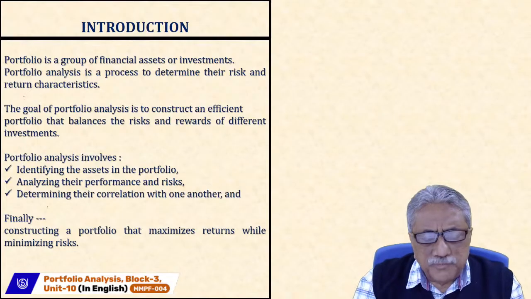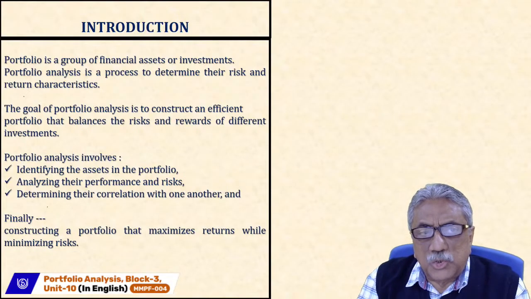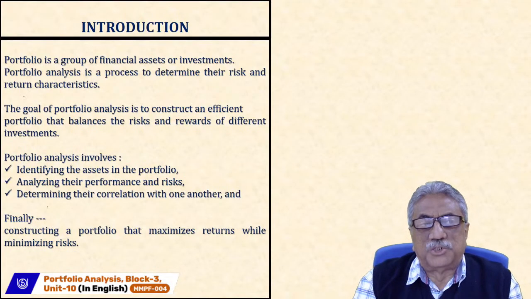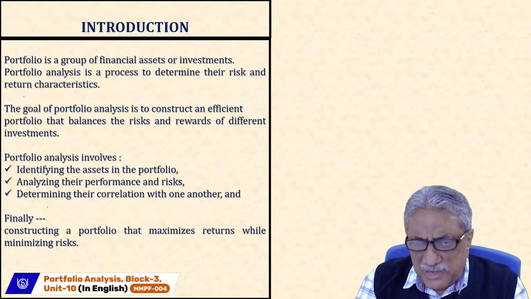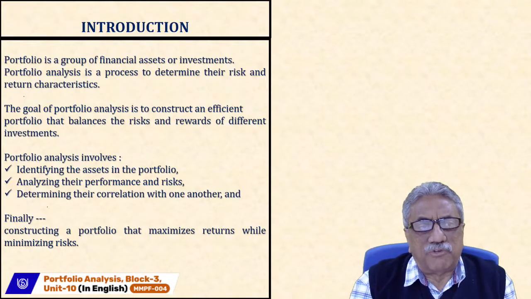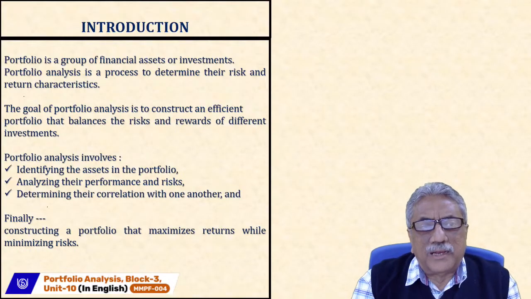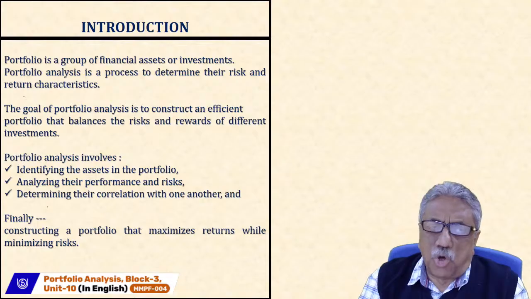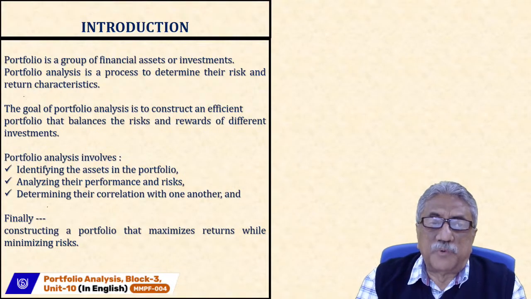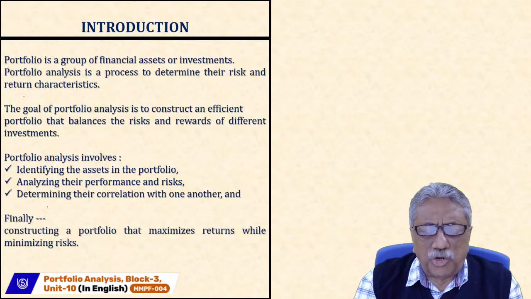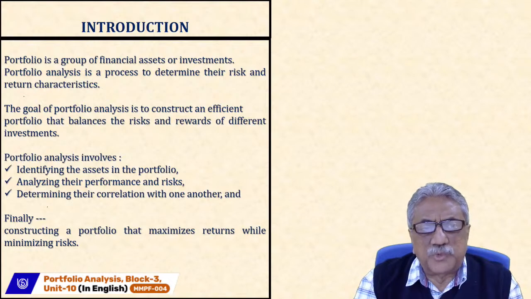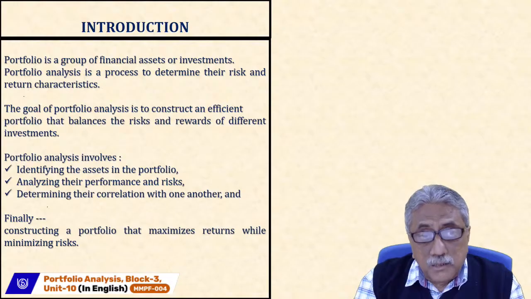Now let me introduce. Portfolio is a group of financial assets or investments. Suppose I have a portfolio. Beside my residential house, I can have a flat or real estate. I can have gold, I can have stocks, I can have investment in silver, I can have commodities, etc. Not exactly in the form of commodities, but I can buy in the market.